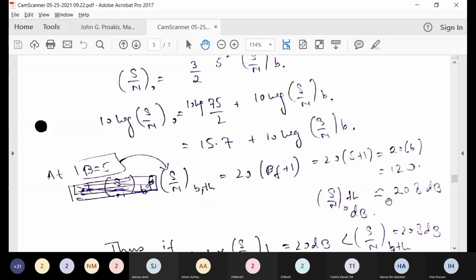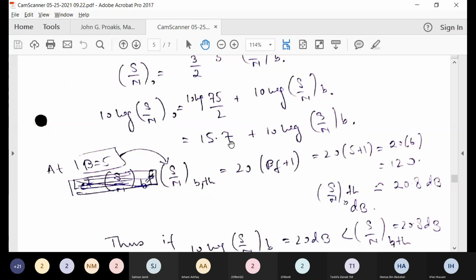Now you can use this equation, and you will get 15.7 dB gain in addition to the signal to noise ratio at the baseband level. But the important thing is that your signal to noise ratio at the baseband level must be greater than this threshold. If it is not greater, you cannot get the 15.7 dB gain; you will not get this relationship.